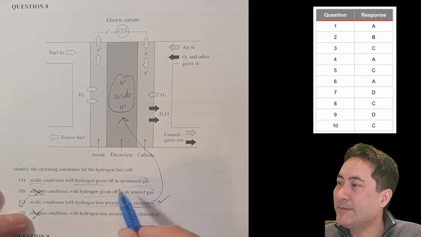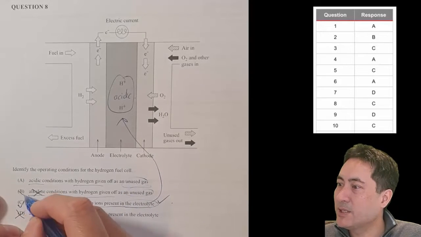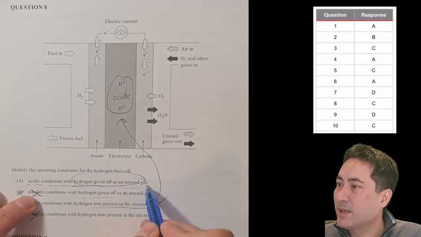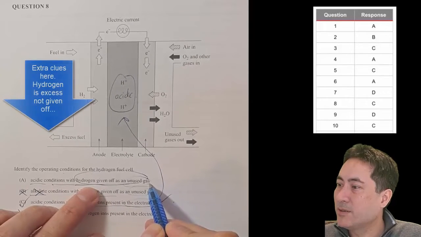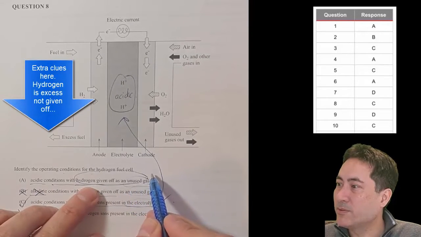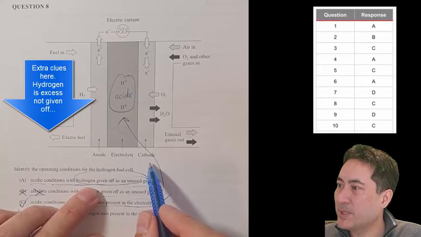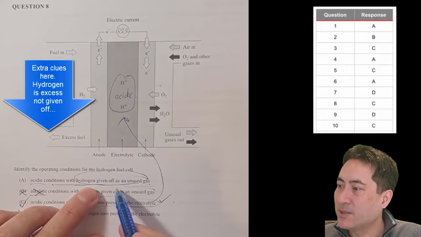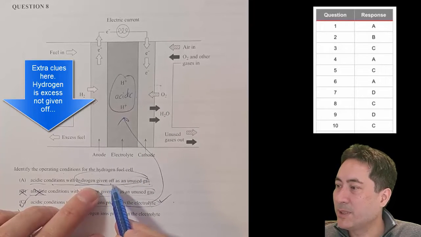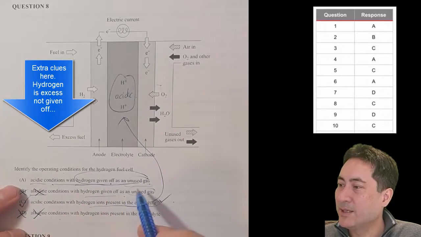Now it's not really given off. It actually reacts to form water. So it's water that's given off. So the unused gas is basically stuff that hasn't gone through into the solution. So that's a very peculiar way of saying things.